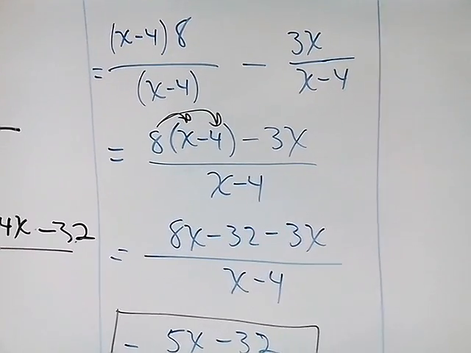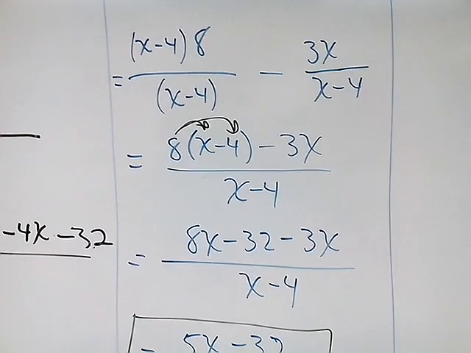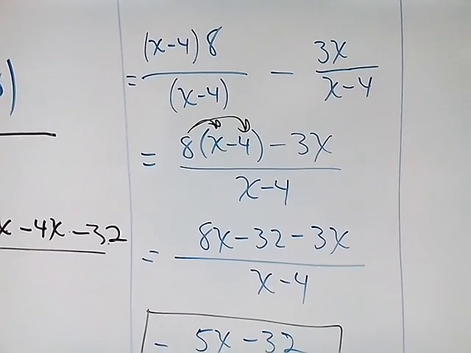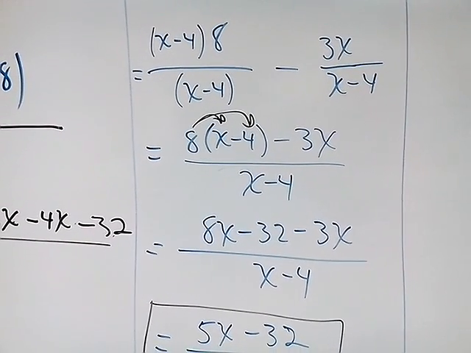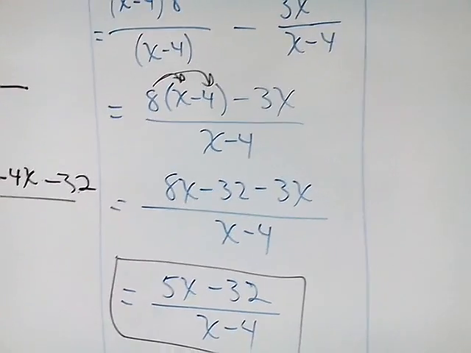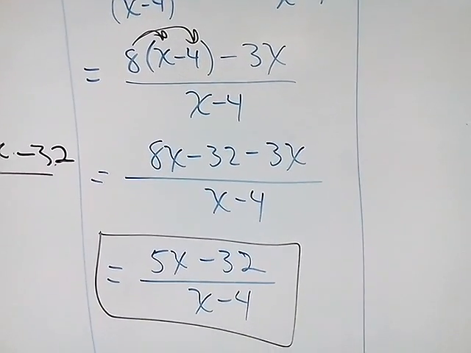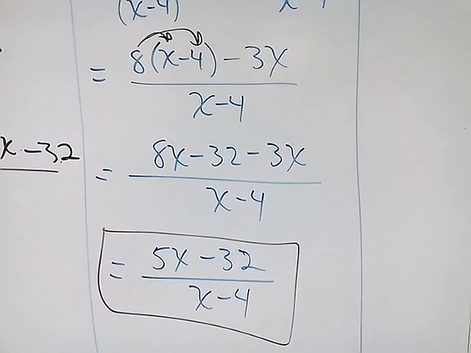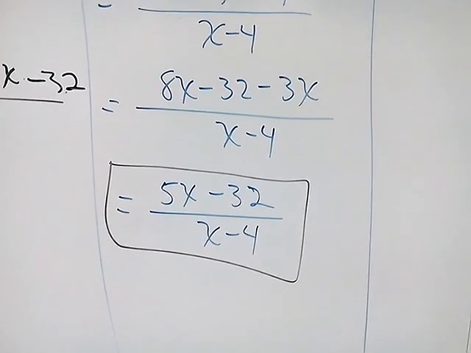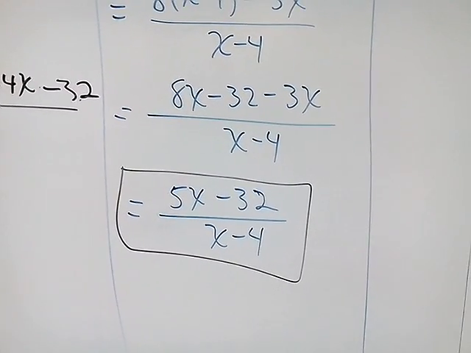At this point, we can distribute the 8 into the first term so that we can combine like terms. And our final result is 5x minus 32 over x minus 4.